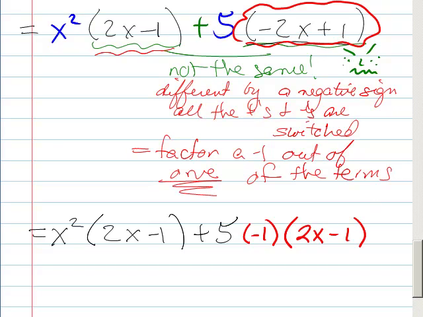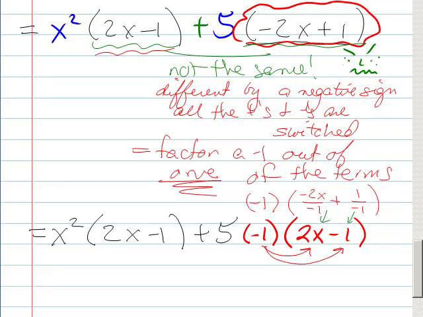If you want to show all the steps, you can say negative 1 times negative 2x over negative 1 plus 1 over negative 1, and that'll get you these terms as well. I definitely encourage you, whenever you do this, to multiply everything through and make sure you get it. So we've got negative 2x plus 1. That's what we wanted.